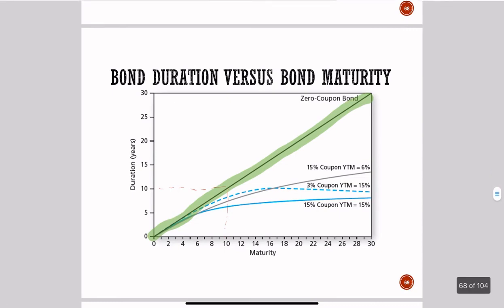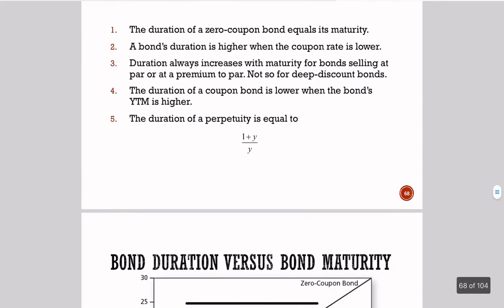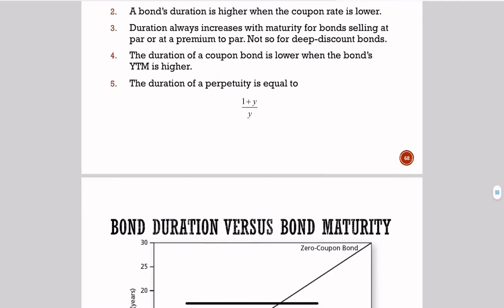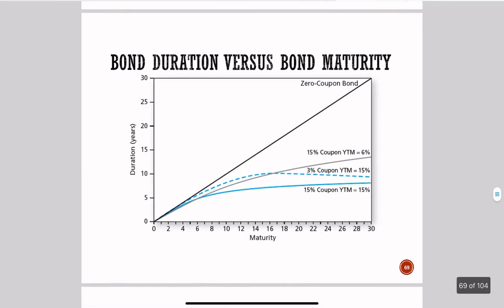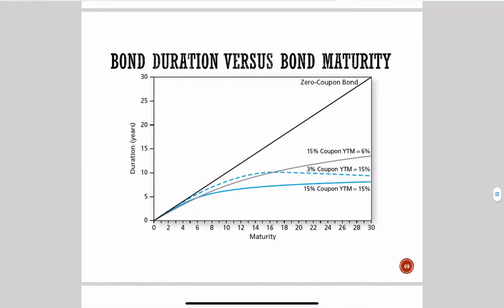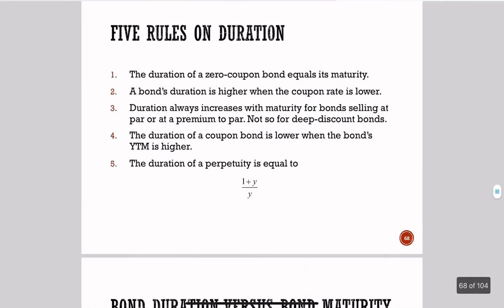Okay, let's look at the second result. Second result says a bond's duration is higher when the coupon rate is lower, right? So if you look at these two coupon bonds, they have the same yield. However, you can see that the bond with 3% coupon rate actually has larger duration. So what's the intuition for this? Well, think about this.